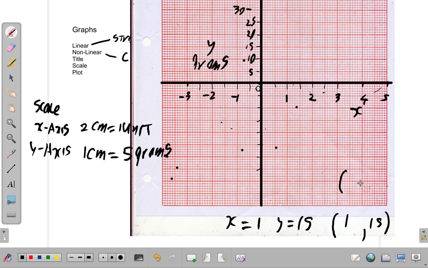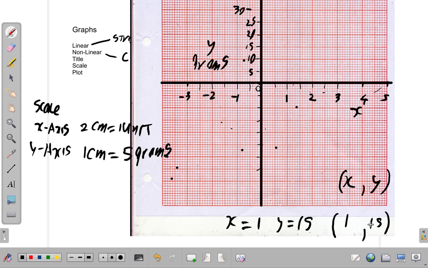The general way it is written is x comma y. You have curved brackets, a comma in the middle, and on the left you have the value representing x, and on the right you have the value representing y. Never switch them around. It's always x comma y.